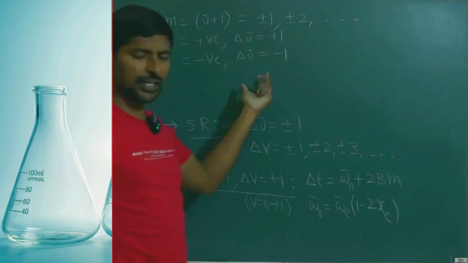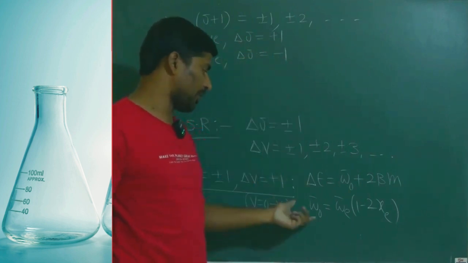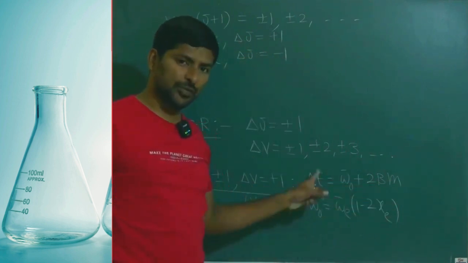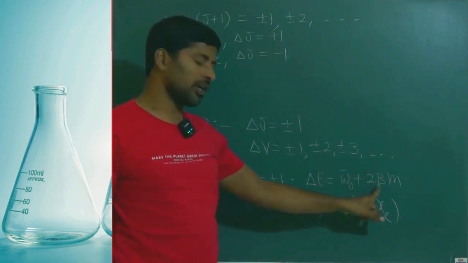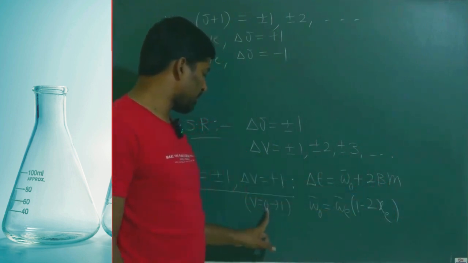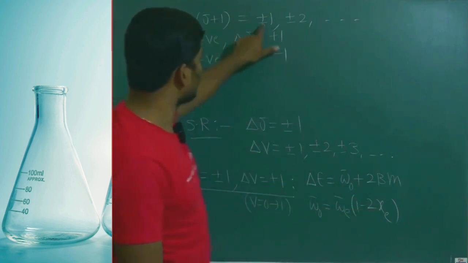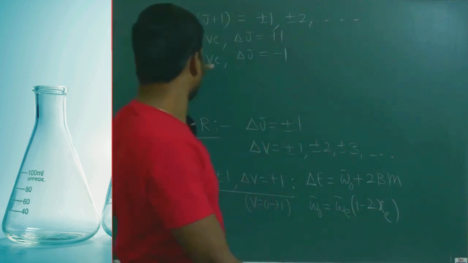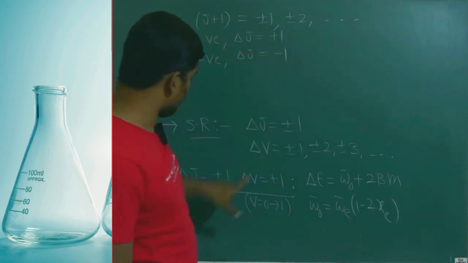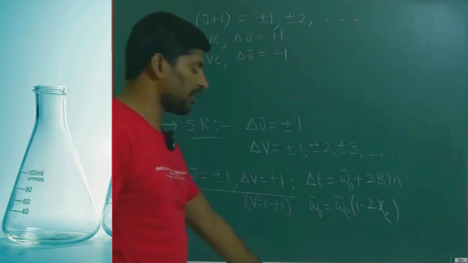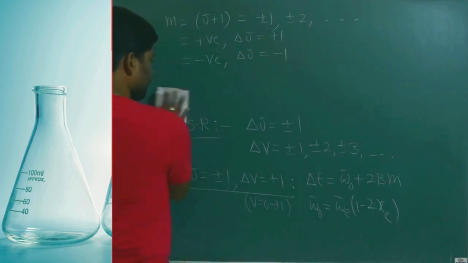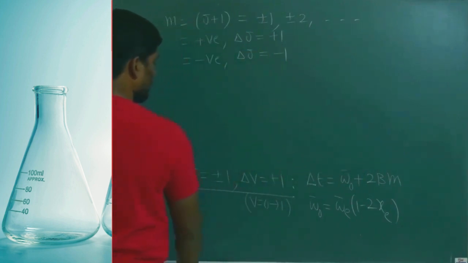I am not giving the derivation part; this is the final equation we will get. Delta E is equal to omega bar naught plus 2bm, where omega bar naught is omega bar e into 1 minus 2x. The possible values for m are plus or minus 1, plus or minus 2, and so on. Positive values we get if delta J is plus 1, negative values if delta J is minus 1.